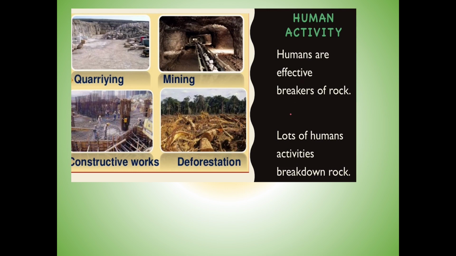Humans are effective breakers of rocks. Lots of human activities are responsible for it, like quarrying, that is open mining, mining inside the earth's surface, then construction work, deforestation, and even plowing the field for agriculture; these also come under the causes of weathering.